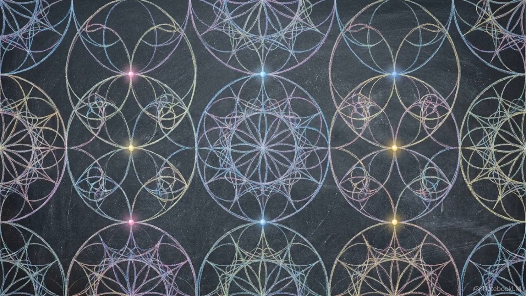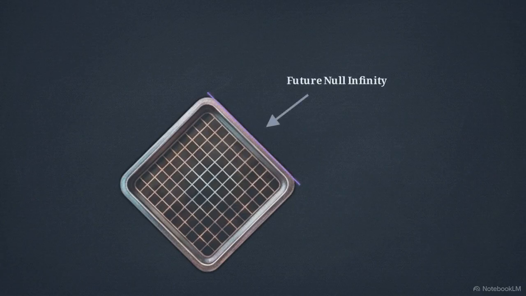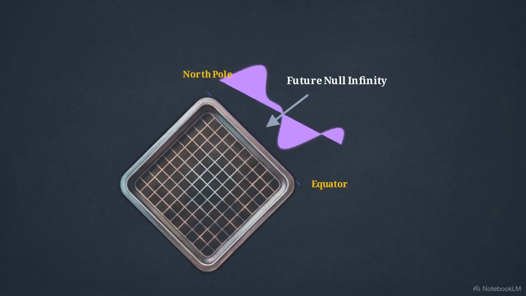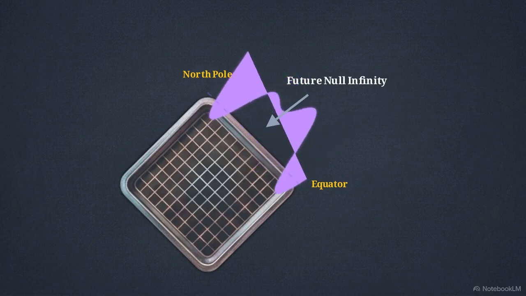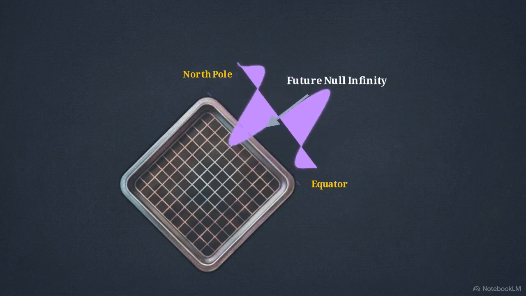At null infinity, the 10 Poincaré symmetries expand into a much larger infinite-dimensional symmetry group known as the BMS group. The foundation of this infinite group is a geometric action called a supertranslation. A standard translation moves all of time forward equally. A supertranslation shifts time by a different amount, depending entirely on which angular direction you point toward in the sky.